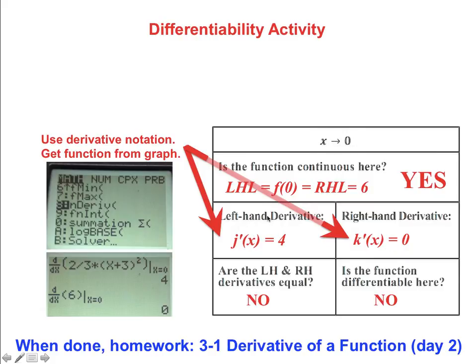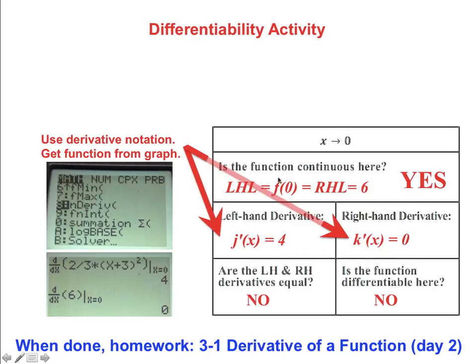You'll know the functions that are coming together, and you'll have to do an nDeriv, a numerical derivative, on your calculator. You're going to use math 8 to find the derivative values on either side of 0. And as you can see, at x equals 0, we don't have the same derivative values.